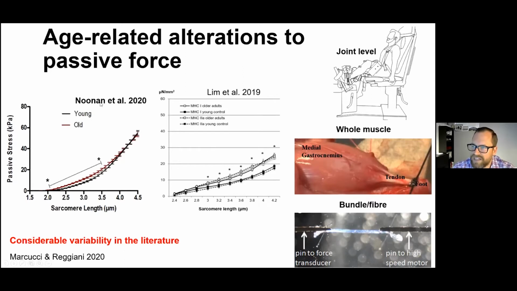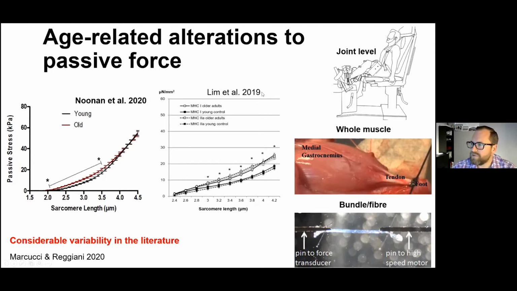Out of our group last year, Alex Noonan, under the supervision of Dr. Steve Brown, showed a length dependence of passive tension, except this occurred between around 2 and 3.5 microns. So there was an earlier increase in passive force in the single fibers from old compared with young, and no age-related difference at longer lengths.